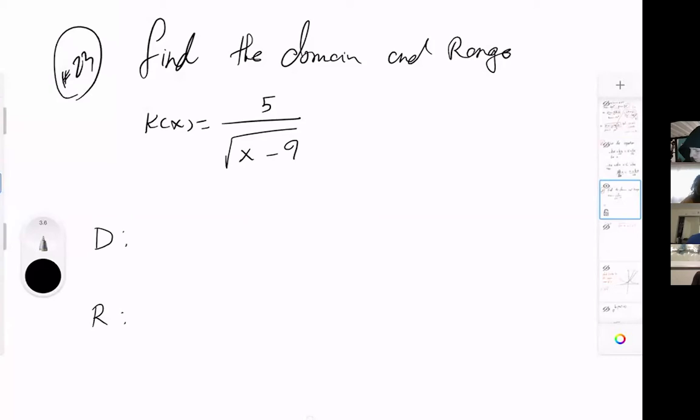For the domain, if we have something inside of a radical, it should be greater than or equal to 0, correct? But because the radical is in the denominator, then x minus 9 should be greater than 0, not equal to. Then x is going to be greater than 9. So the domain is all real numbers greater than 9, not equal to.